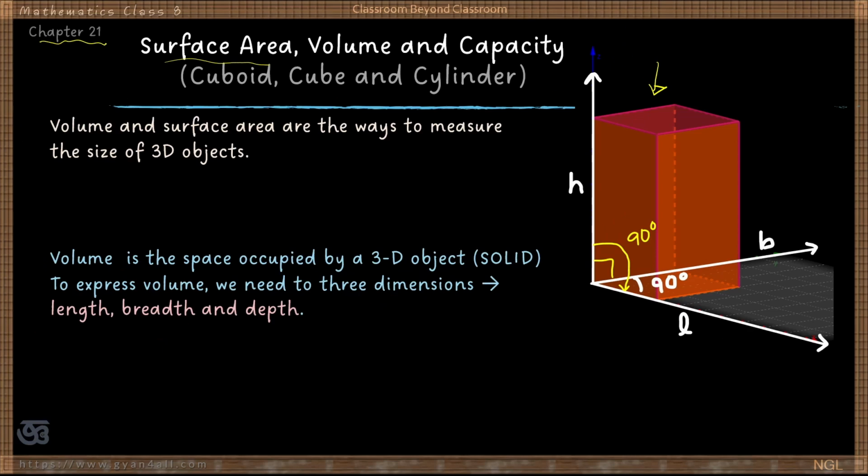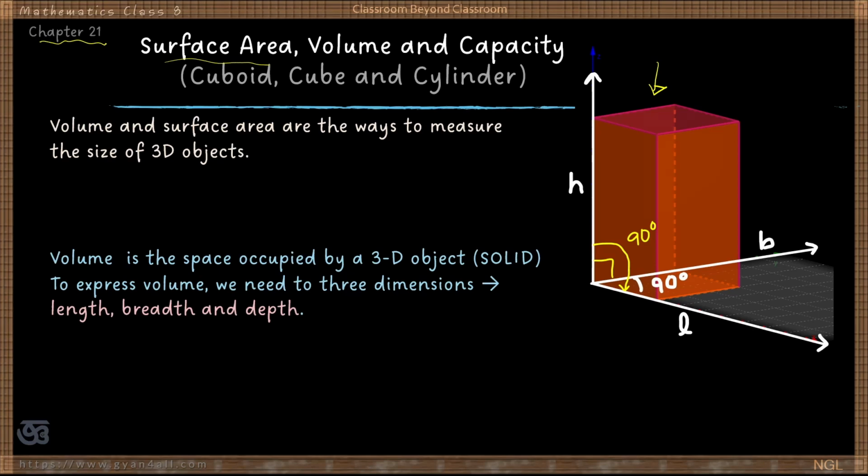Volume is measured by the number of unit cubes required to make the solid. In one of my previous videos, I have explained the concept of a unit square while measuring the area of a 2D shape. In case of a solid or 3D shape, the concept of unit cube is applicable.